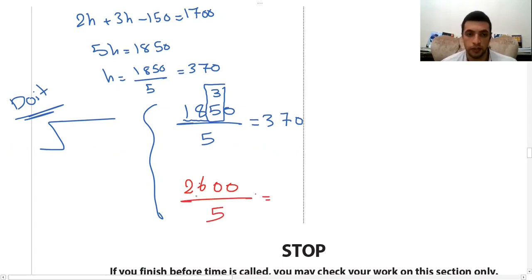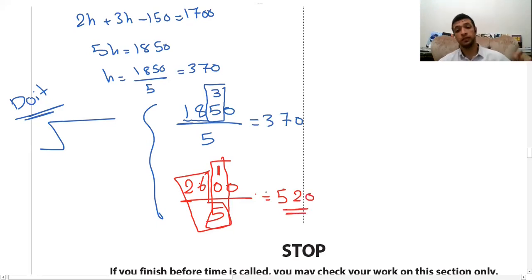I'm going to start with 2 divided by 5. I cannot. 26 over 5. I know that 25 over 5 is 5, and I still have 1, because I used 25 divided by 5, which gave me 5. I'm going to put the 1 here. So it's going to be 10 divided by 5, which is 2, and 0 as it is. This is the simple way.